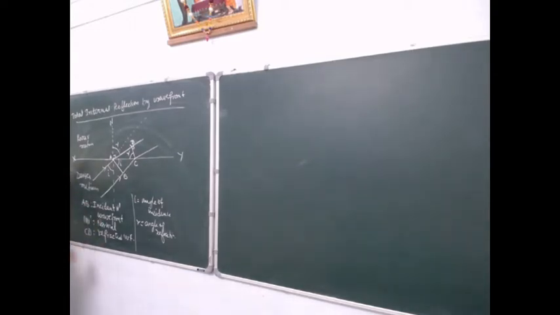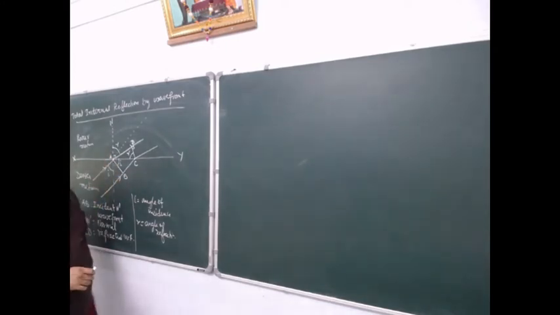This is the denser medium, this is the rarer medium. Now let me do the same with an increased angle of incidence. When the angle of incidence increases, what happens? It gets further deviated down and reaches 90 degree.